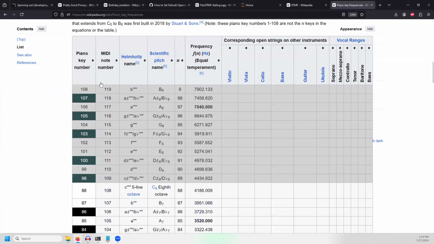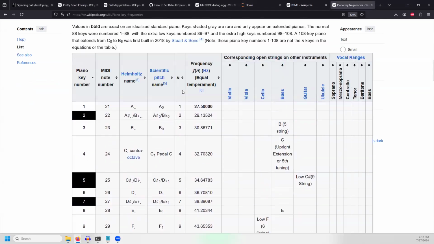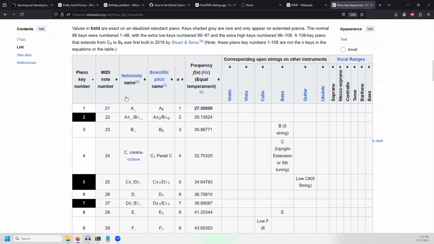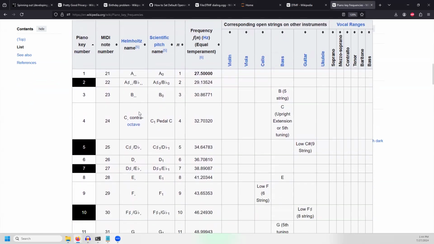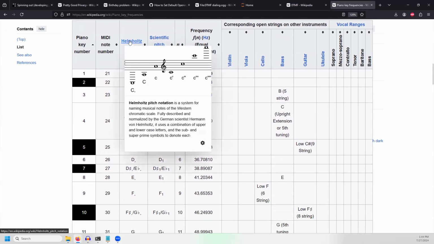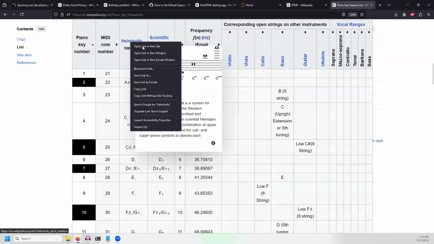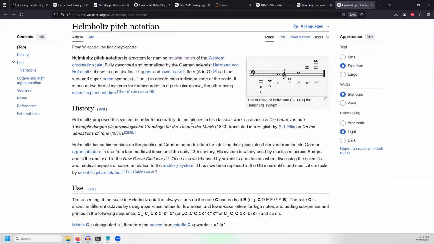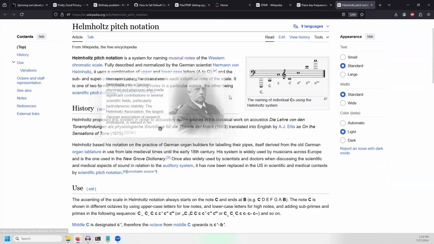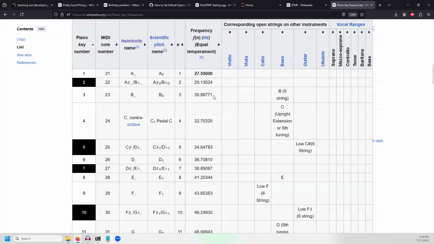So C2, let's do a reverse sort. C2 is the scientific pitch name, interestingly. Never heard Helmholtz names before. It's kind of surprising, because Helmholtz is a thing in physical chemistry. No surprise that he was involved in music as well.